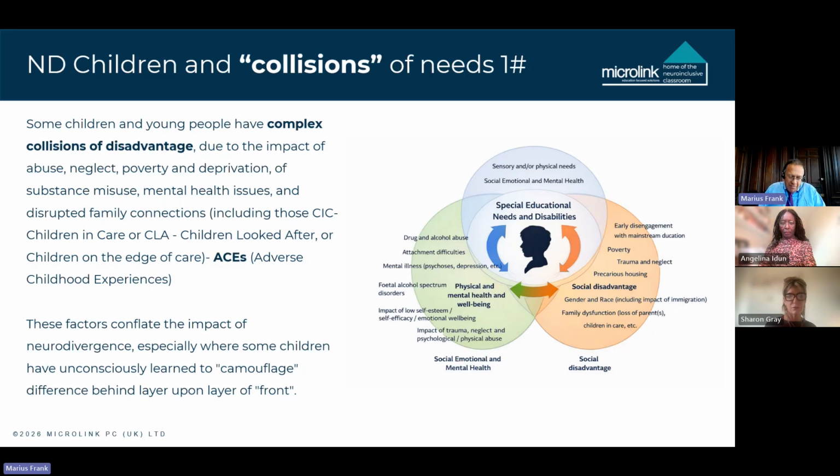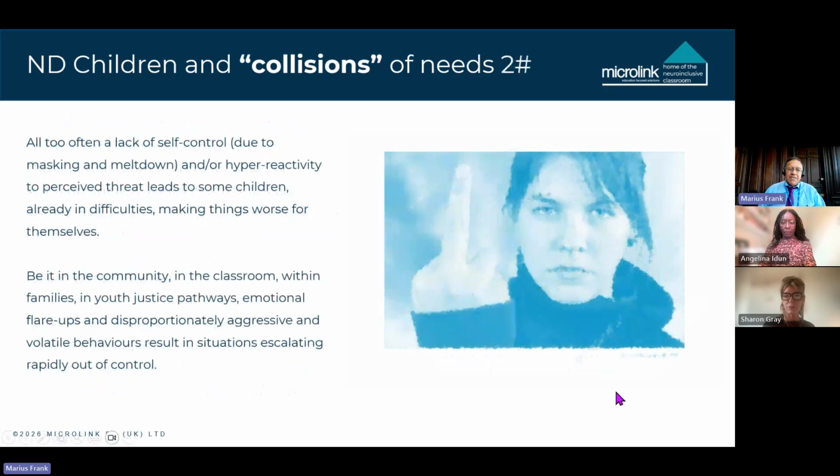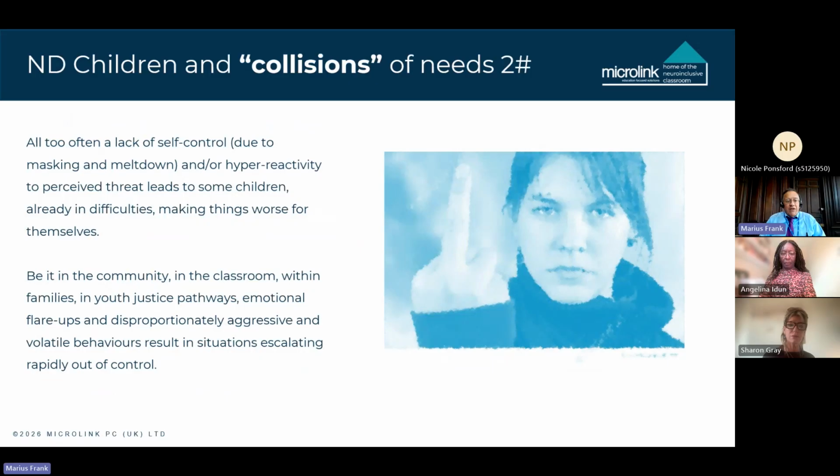For some of these young people, they might not even realize they are neurodivergent. They might learn to camouflage difference behind layer upon layer of front. They may be hyperreactive to threat because of their adverse childhood experiences. And sometimes a lack of self-control due to masking, a meltdown and this hyperreactivity to threat can lead to some children already in difficulties making things worse for themselves.